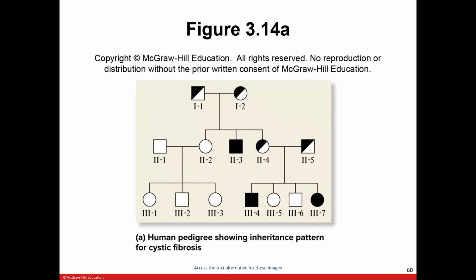And then one of the children is a carrier, being heterozygous. They married another person who was a carrier. Now, instead of following the 1-to-1 ratio that we would usually see, they had worse luck and 2 of their children were actually affected.